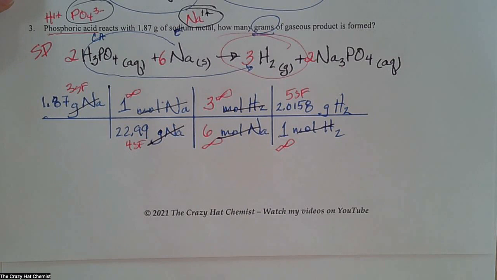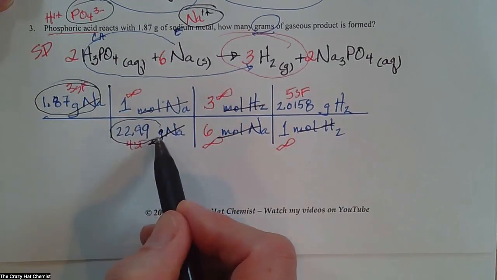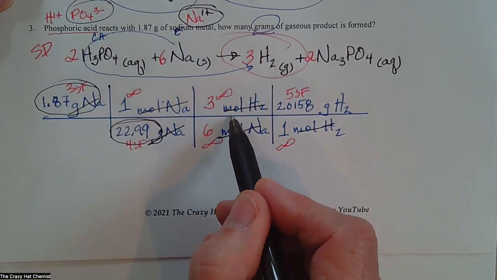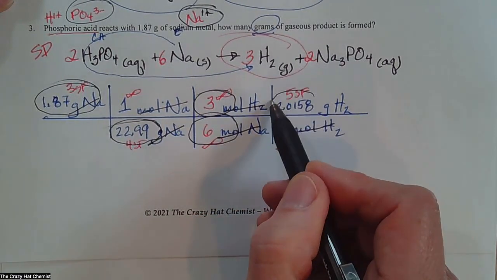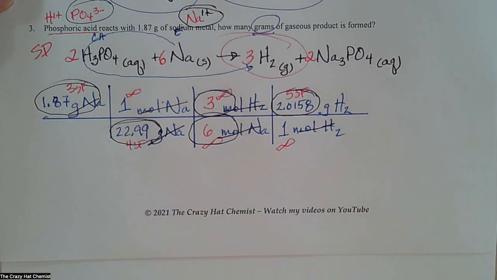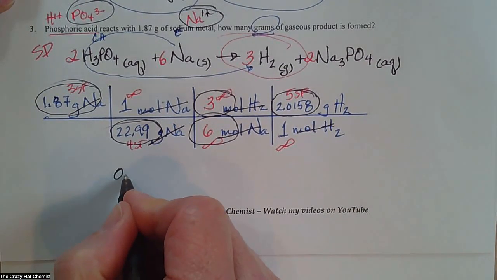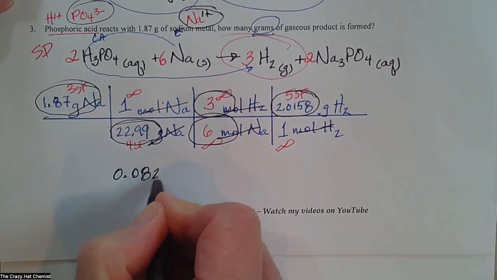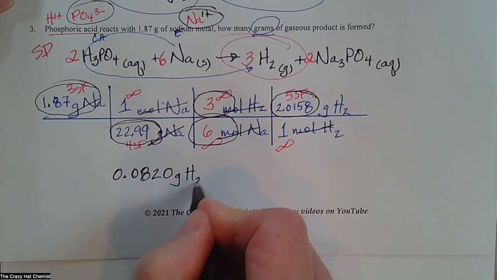So I'm going to type into my calculator the following numbers: 1.87 divided by 22.99, divided by 6, times 3, times 2.0158. Notice that I skipped the ones here. Then I'm going to get a number in my calculator. That's going to be 0.0820. I'm going to have units of grams, the formula of H2.